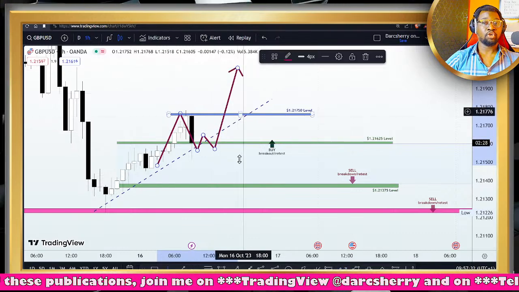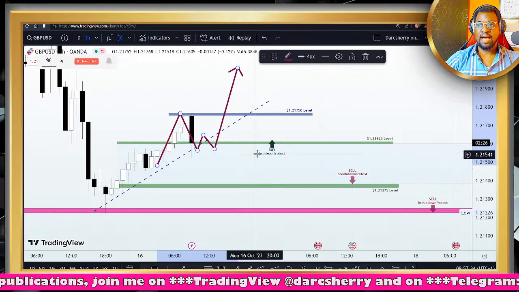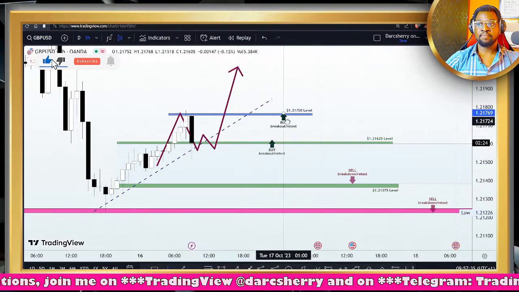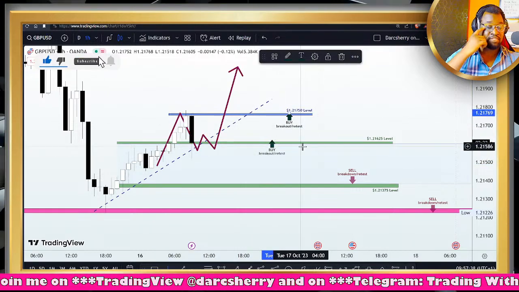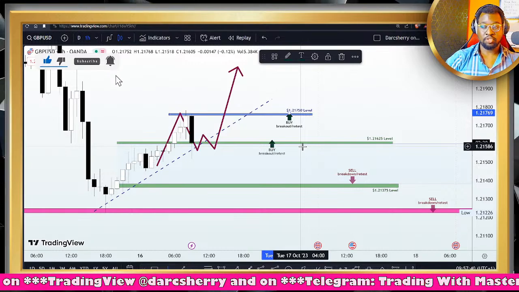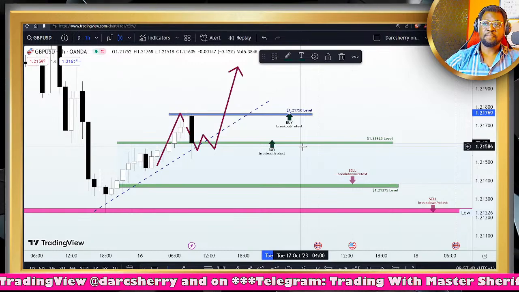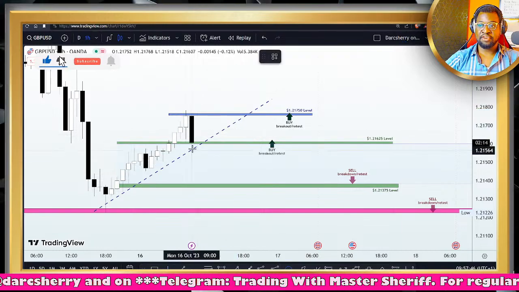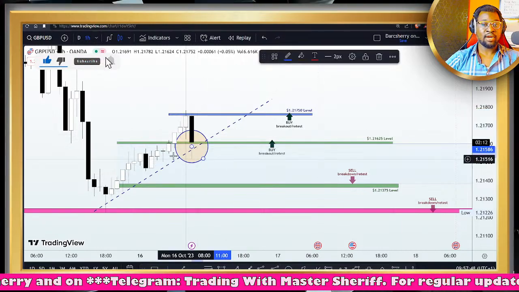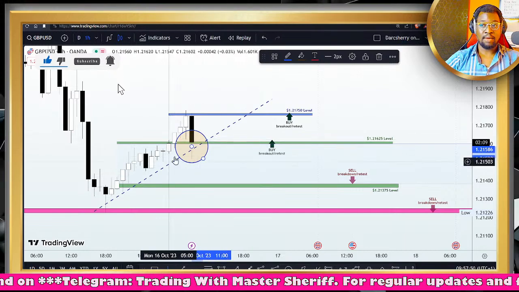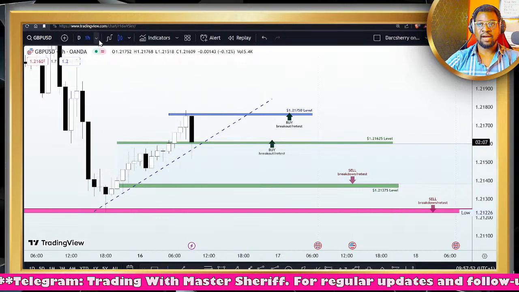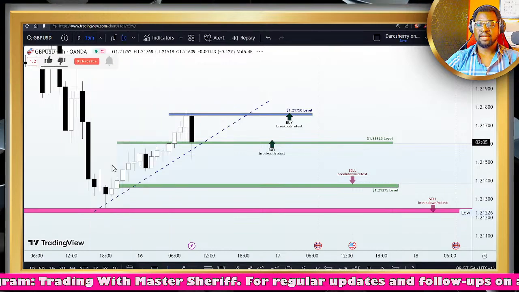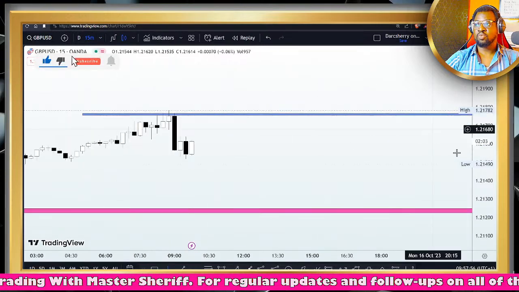Then I want to be joining that uptrend move, then having a buy stop order again above the 1.21750 to join that uptrend continuation. Now, for the benefit of doubt, let's scale down into the 15 minutes time frame and see what is going on around this pivotal crucial juncture in this market. So scaling down into the 15 minutes time frame, let's see what we have.